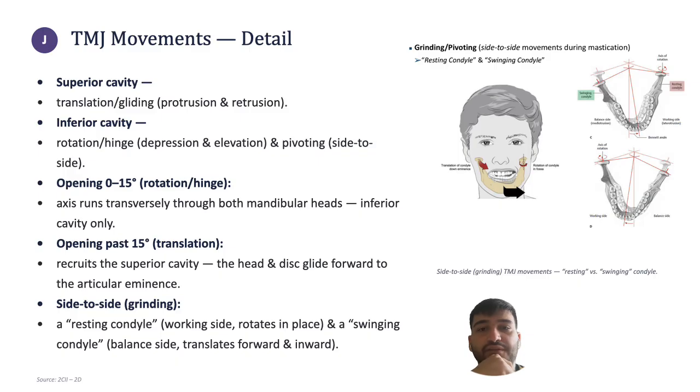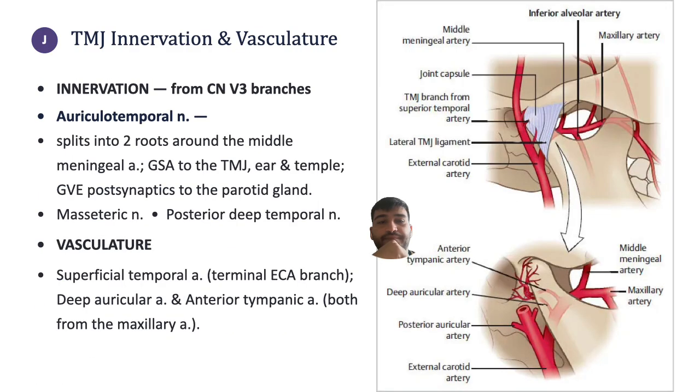And then we go on to the innervation and vasculature. For the innervation of the TMJ, we have mainly the trigeminal V3 acting here. So we have the auriculotemporal, which splits into two roots around the middle meningeal with GSA to the TMJ, ear and temple, and then GVE postsynaptic to the parotid.